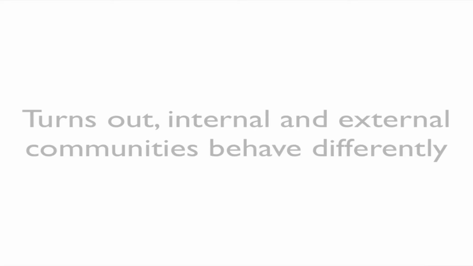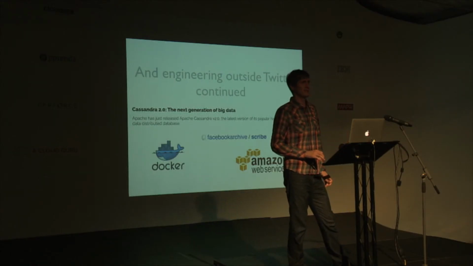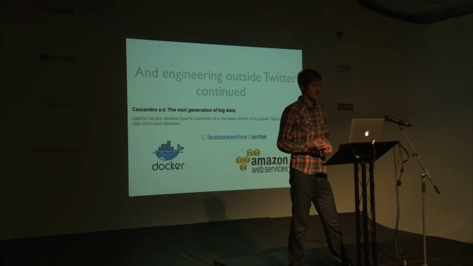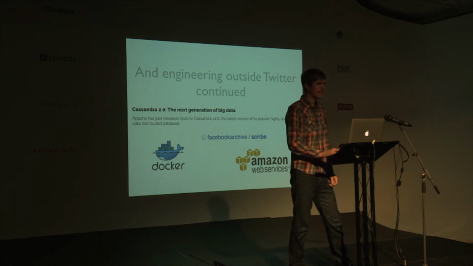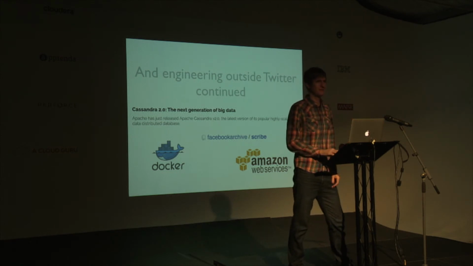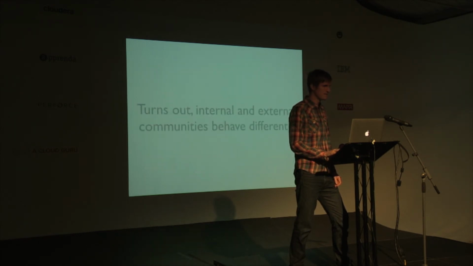And Docker started to become a thing even though Twitter never used it. And the logging system that Twitter used became archived by Facebook and became almost a swear word. And meanwhile, people are using things like Amazon, which wasn't used inside of Twitter.